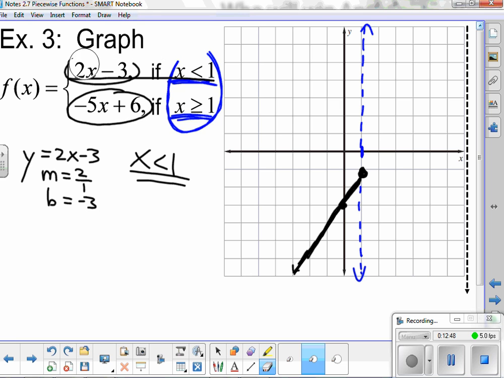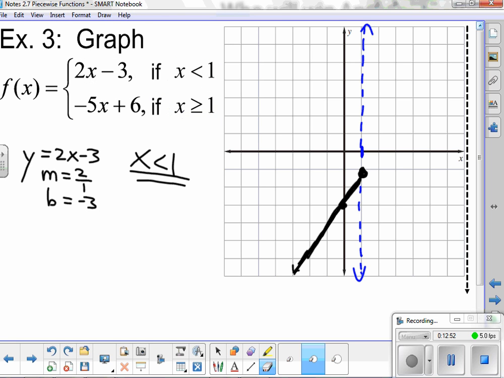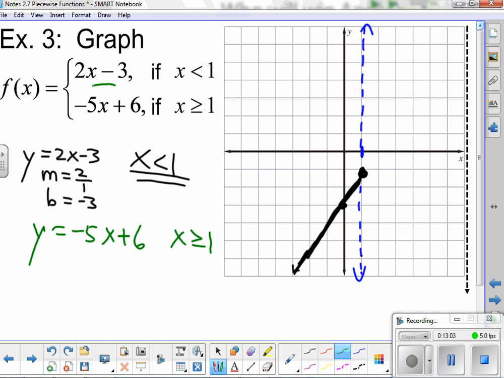Let's do the bottom part now. Let me erase some of this stuff so there's not too much stuff around here. So on the bottom, I'm going to rewrite this as y equals negative 5x plus 6. Now, I only want that if my x's are greater than or equal to 1. So basically all I did is rewrite this by itself so there's not so much stuff around it. I'm going to graph it.